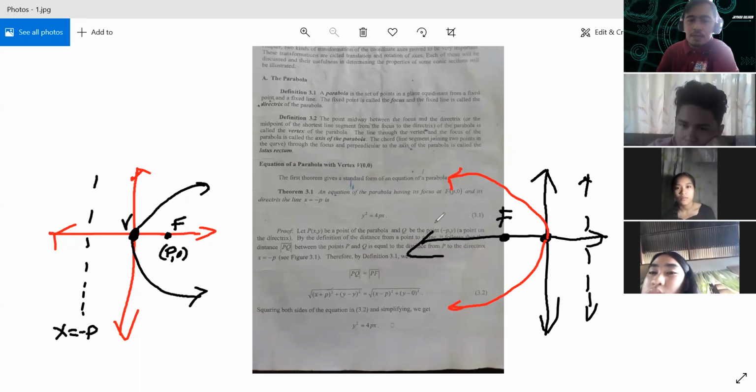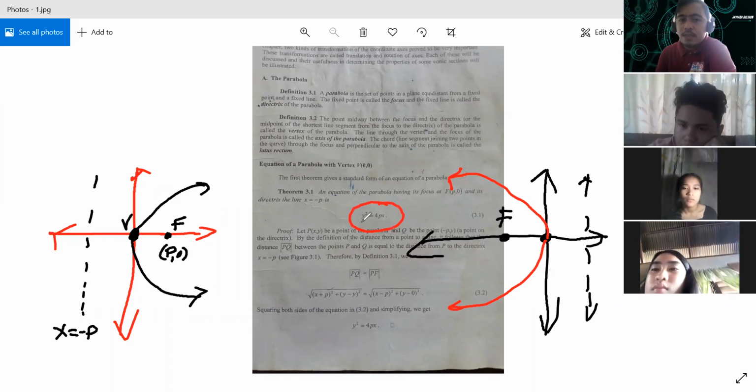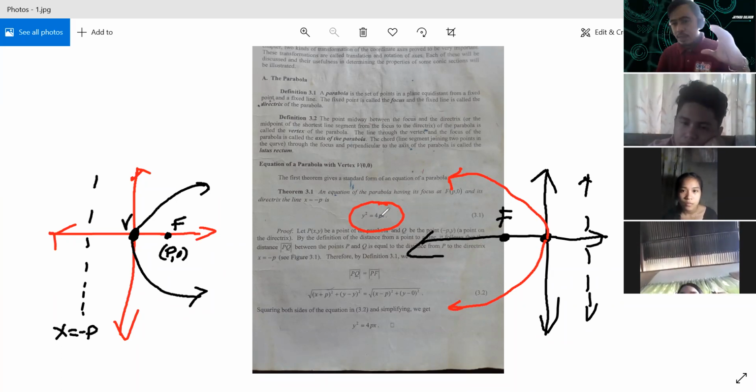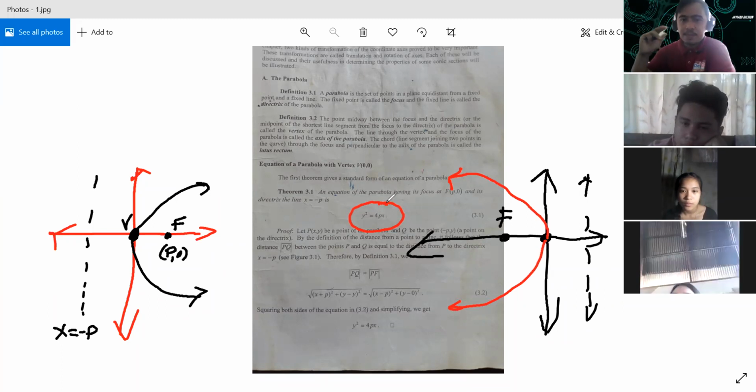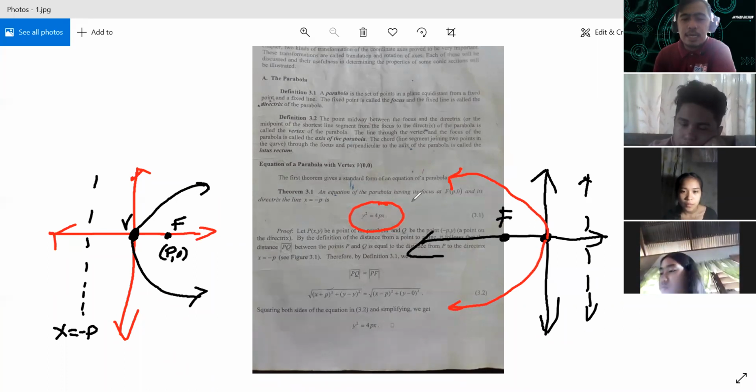And these parabolas have an equation of the form y squared equal to 4px. Again, if the exponent 2 is on y, your parabola is either opening to the right or opening to the left. Okay? Clear? Understood?